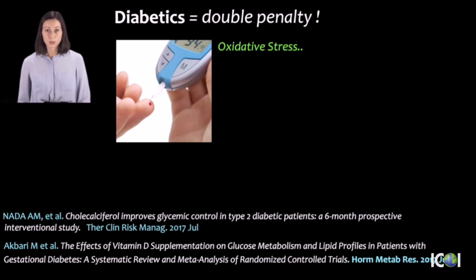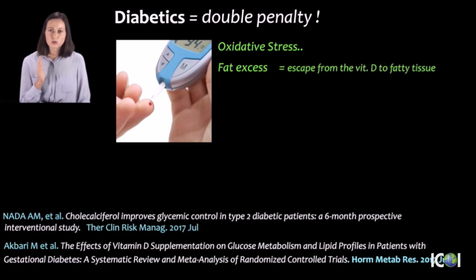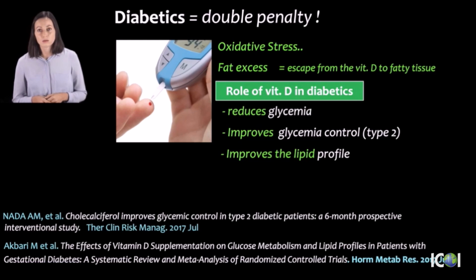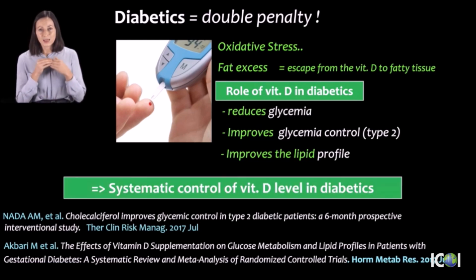The diabetic also, we saw that they are under chronic oxidative stress, but they also have fat excess, and the vitamin E gets trapped into this fat. And diabetic patients need vitamin D to function properly.